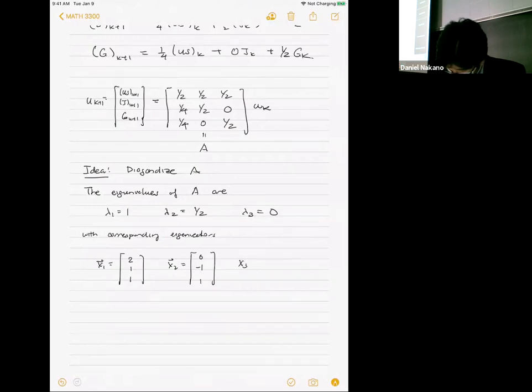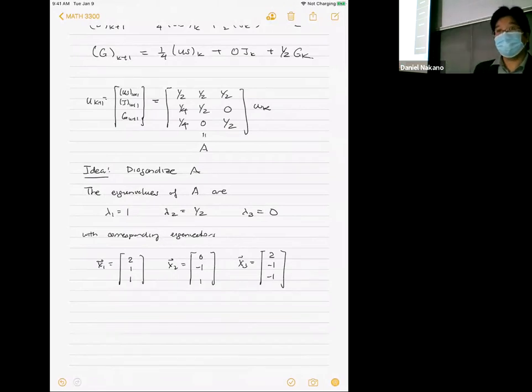And x3 is equal to 2, minus 1, minus 1. Okay, you find the eigenvectors by looking at the null space of A minus lambda I. We've done that lots of times.